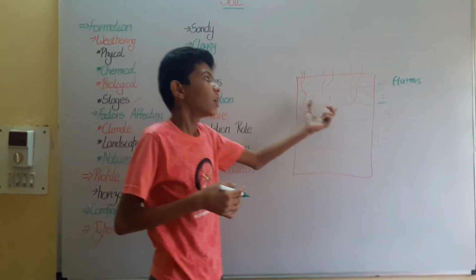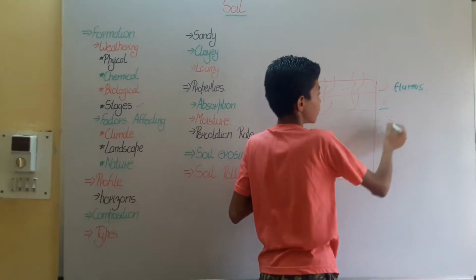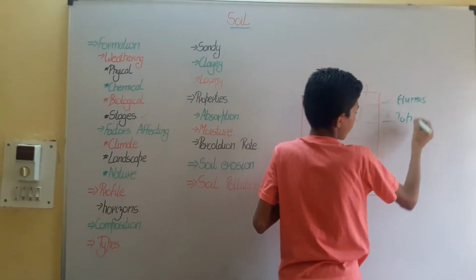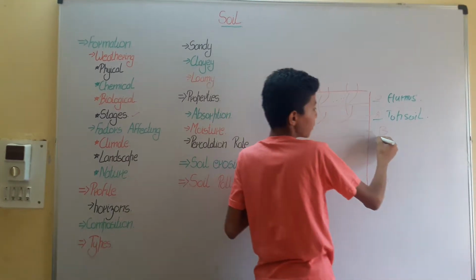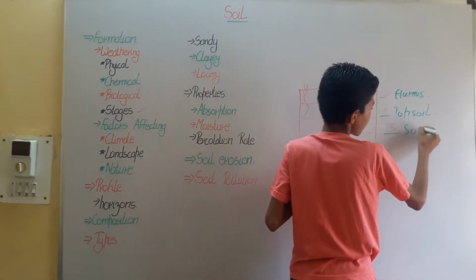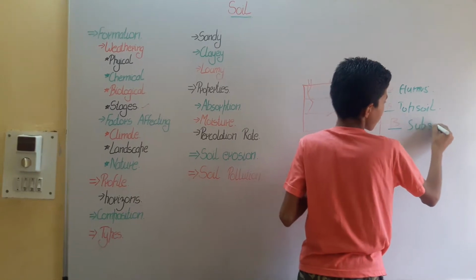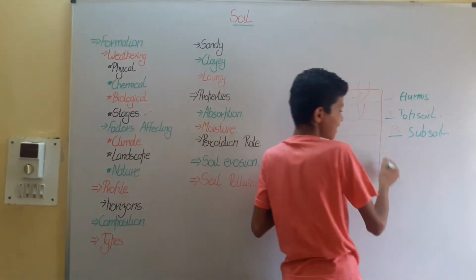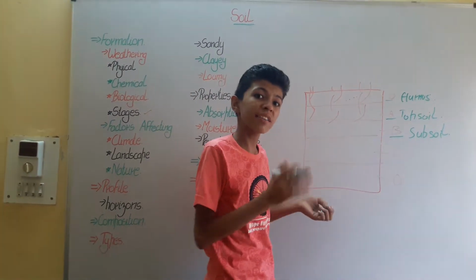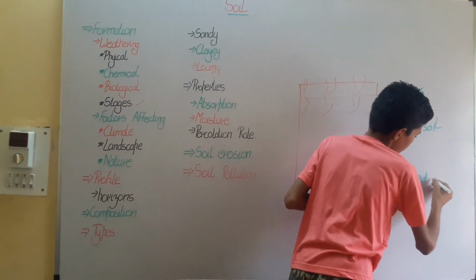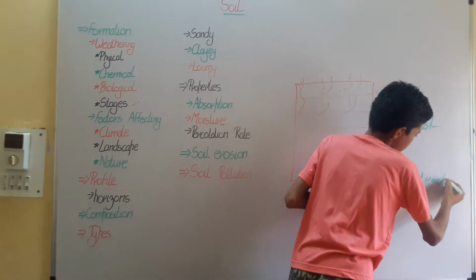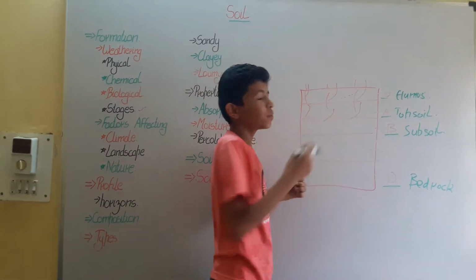The second horizon is called the topsoil. Horizon B is called the subsoil. Horizon C is only called horizon C, but horizon D is called bedrock.